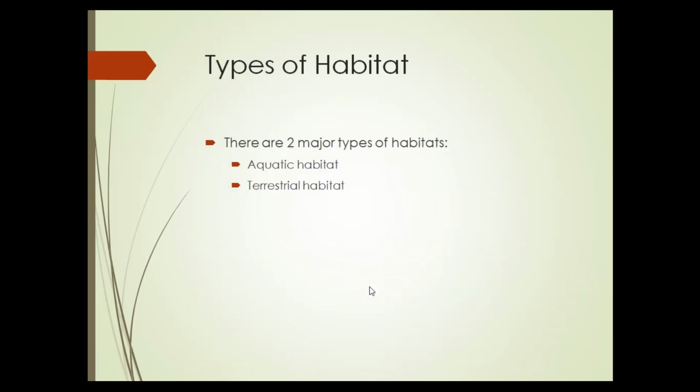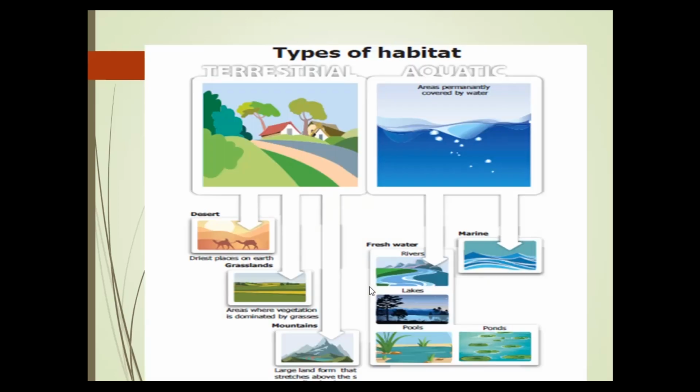Now, there are two types of habitats. One is aquatic habitat, the other is terrestrial habitat. As the name suggests, aquatic habitat means habitat with water. Terrestrial means land habitat. Now, let us see further types.